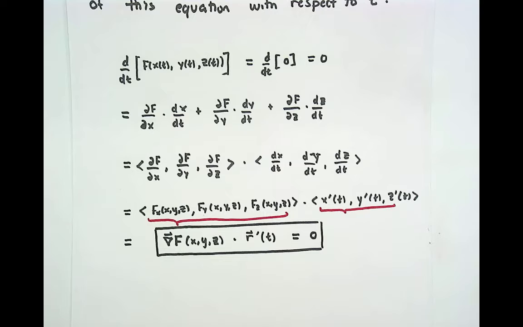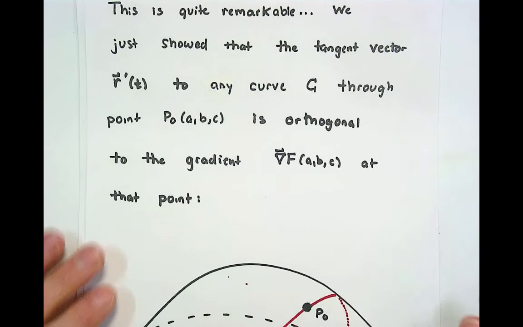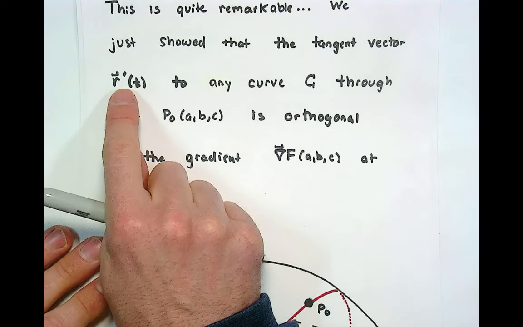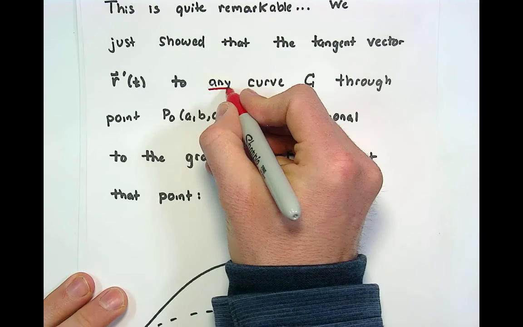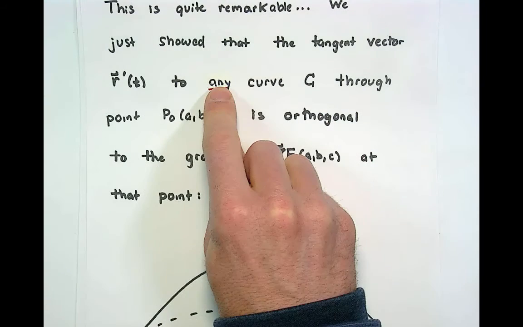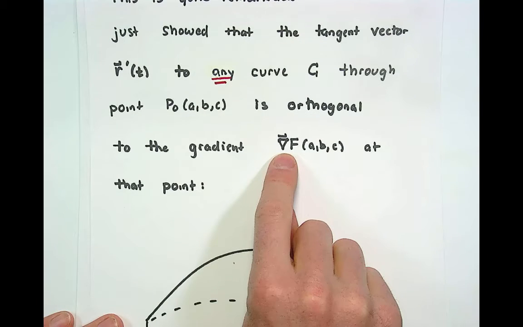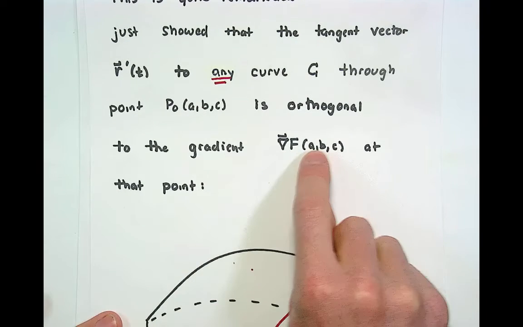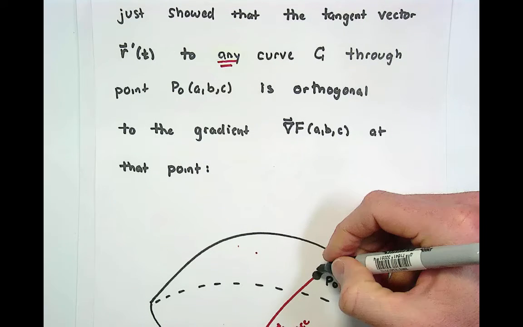And the reason that this is quite remarkable is we just showed that the tangent vector, the direction of the tangent vector to any curve, it didn't matter which curve that we chose, no matter what curve we choose, as long as that curve goes through a particular point, and we take the vector in the direction of the gradient at that point, that the gradient will be directly orthogonal.